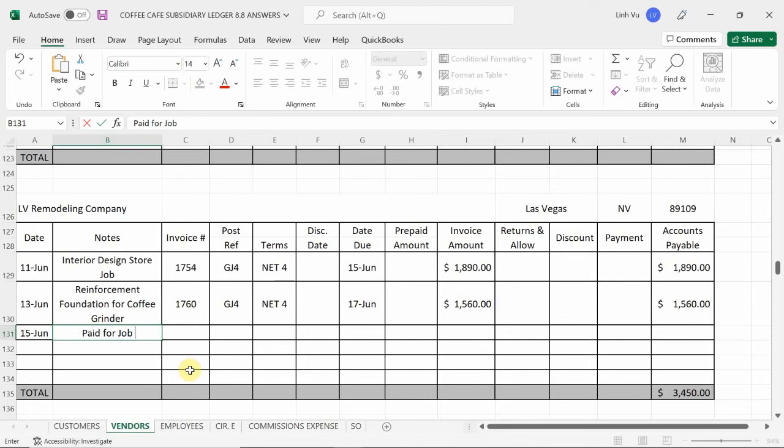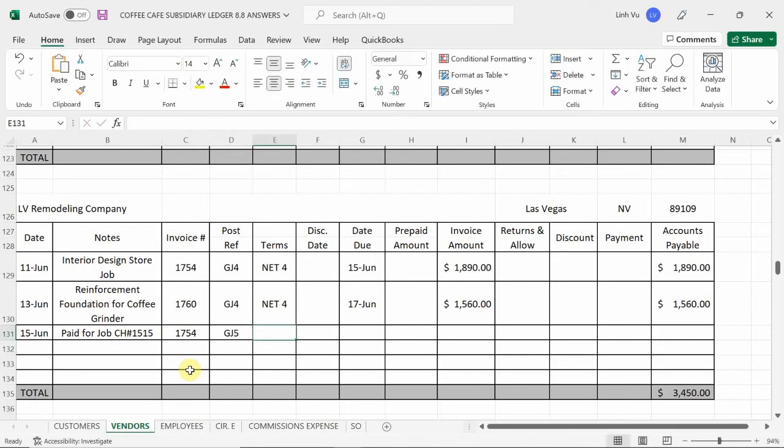And what was the proof of transaction? The check number. Correct. And this was for invoice which one? 1754. Now in this case, what journal was I on? Journal 5.